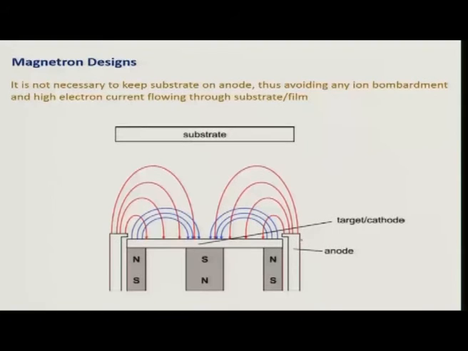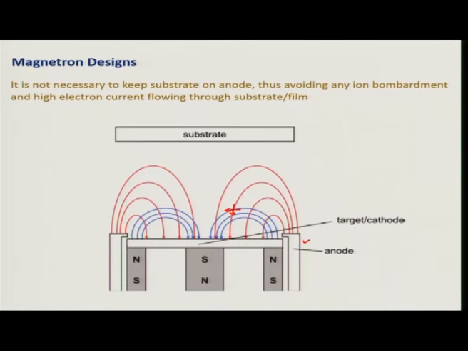So, you can also have the anode very close to your cathode or target in this geometry, such that at any place the electric and magnetic fields are at right angles, which will force electrons to move out of plane in this geometry and in a racetrack.